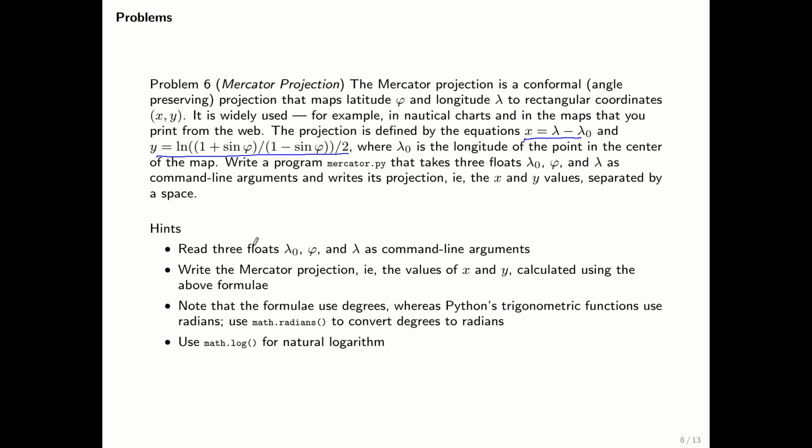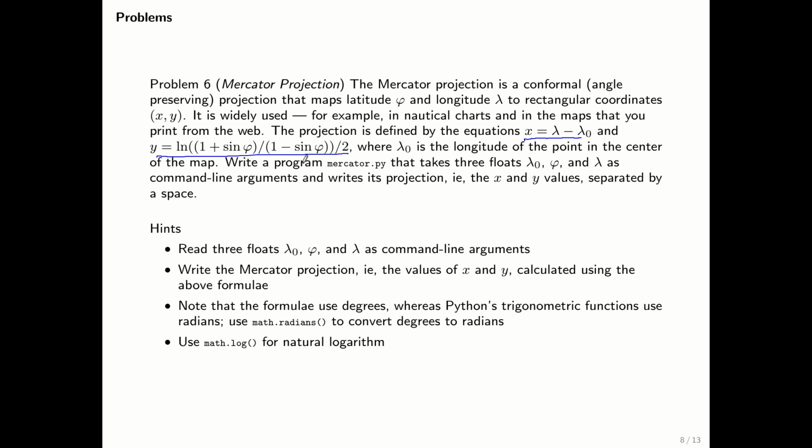Okay. Now when you need to calculate the sine of an angle, use the function math.sin, but math.sin expects the angle to be in radians, okay, but this phi was input in degrees, so you first need to turn phi into radians before you call math.sin, right?